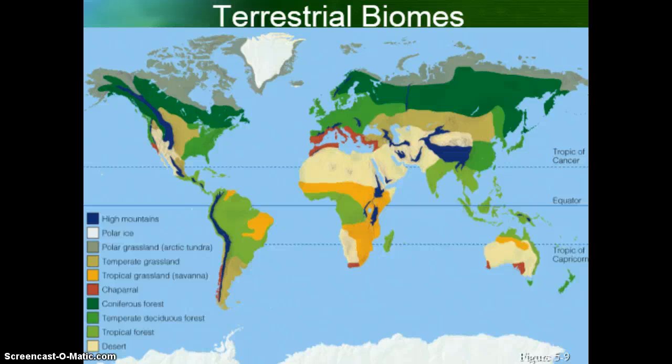So an important thing to keep in mind here too is that when we do different things to the environment, like remove a lot of the natural vegetation to farm or graze livestock, or we cut down forests for lumber, or we mine areas, that can change all of these biomes too. So this is something that is not set in stone. This is the way these areas have typically behaved, but they can change.